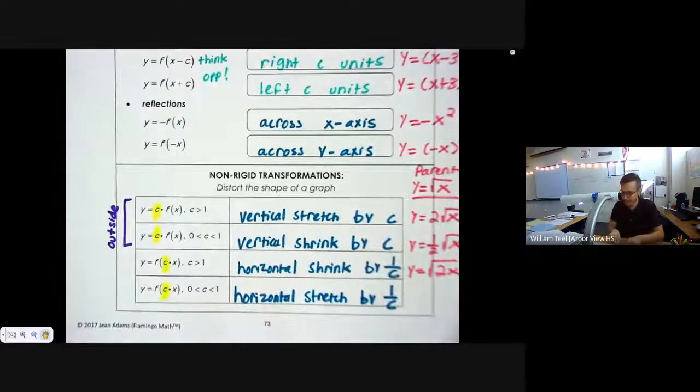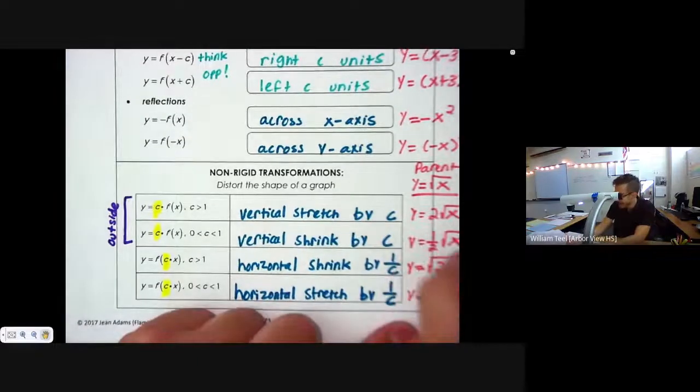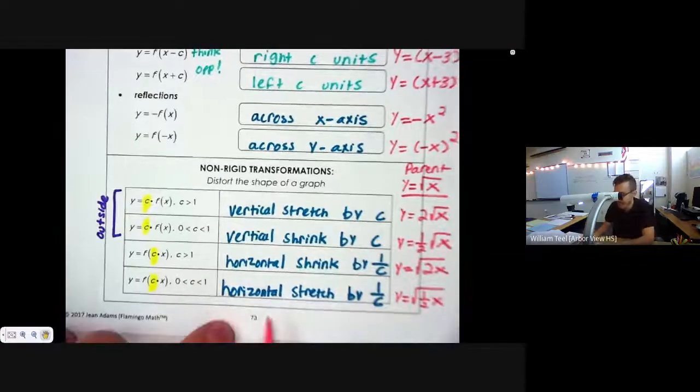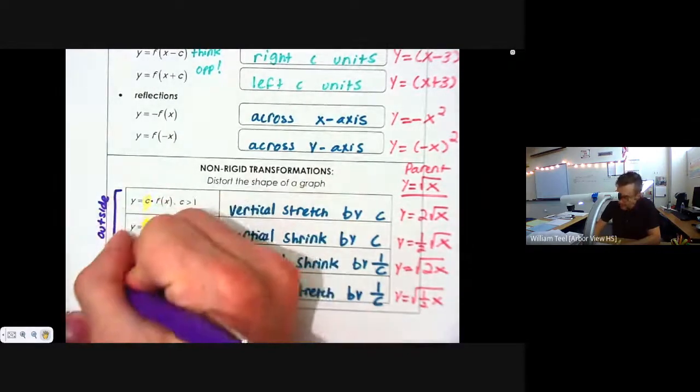So for example, we might see a function that is y equals the square root of 1/2 x, and this means that we are actually stretching it horizontally. So we're thinking opposite. Once again, these are represented inside the parentheses.